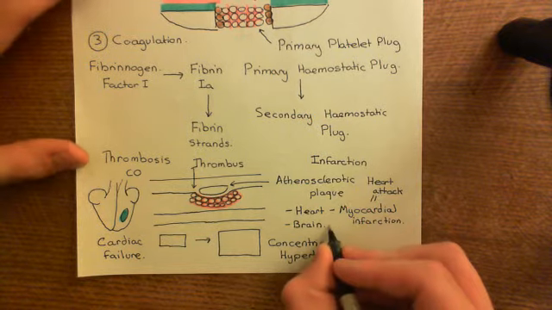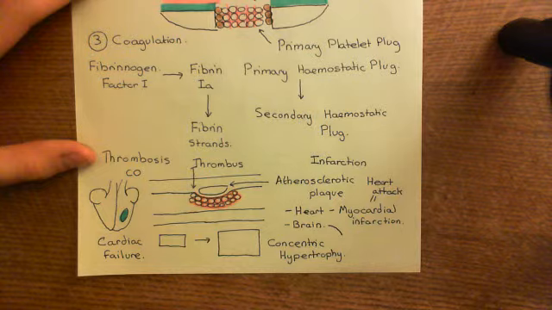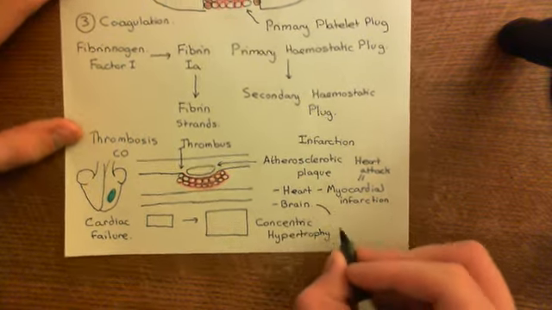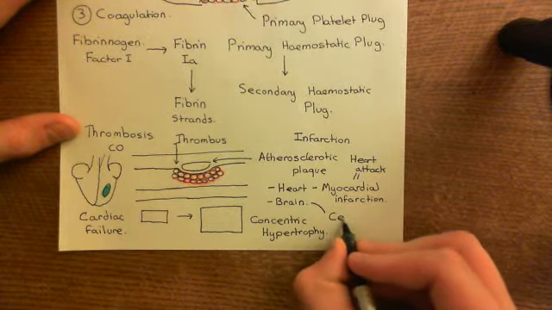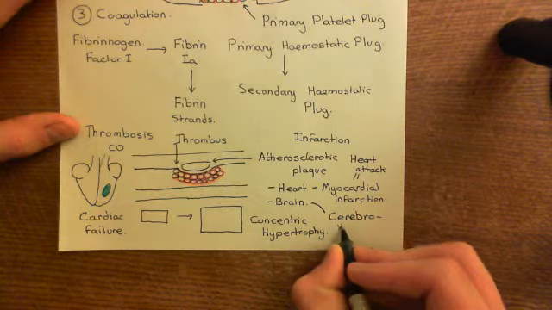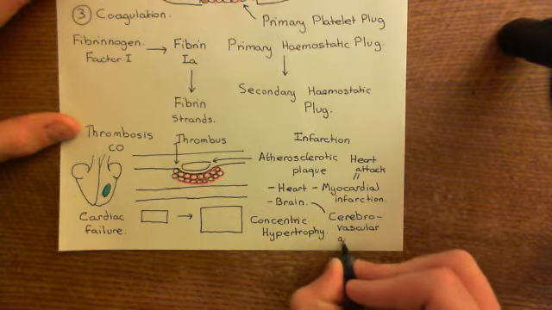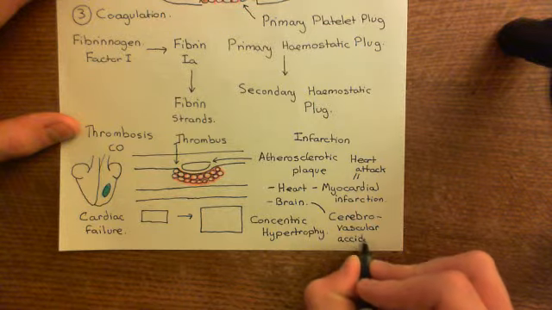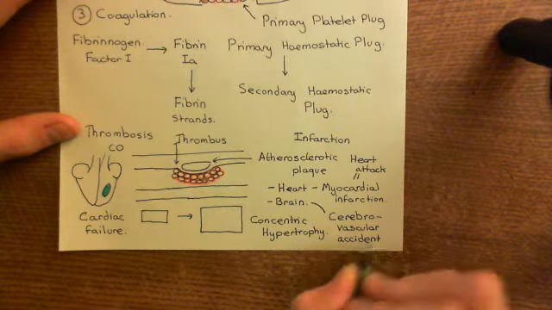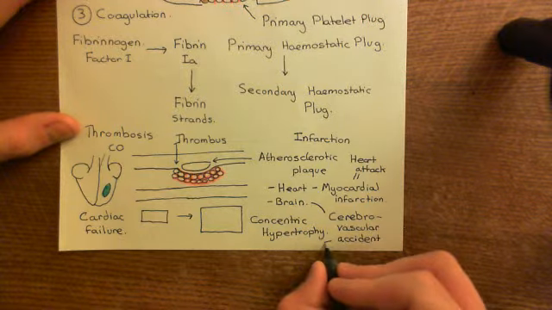If you get thrombosis occurring in the brain, then it can occlude the blood supply to certain portions of the brain, and this is what's known as a cerebrovascular accident, or more commonly referred to as a stroke. Cerebrovascular accident, or CVA it's often abbreviated to, and its more common name is just a stroke.